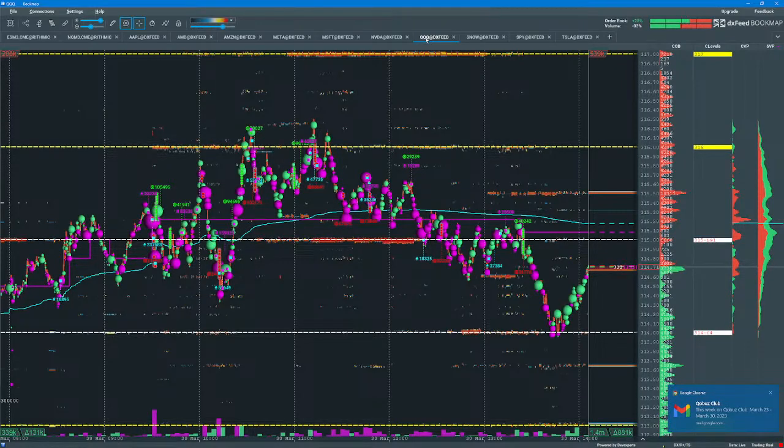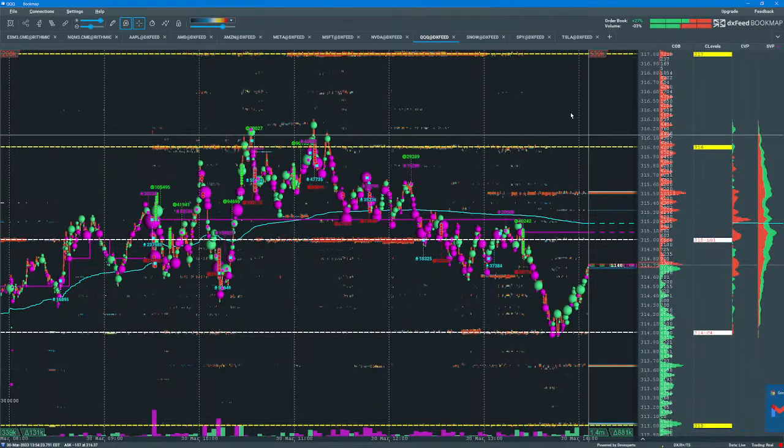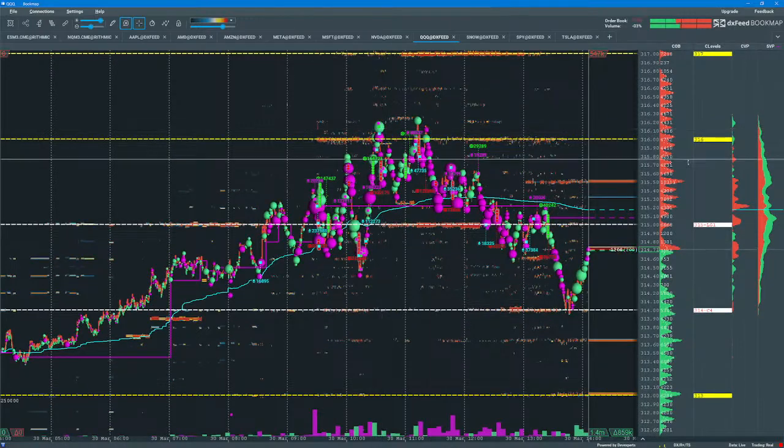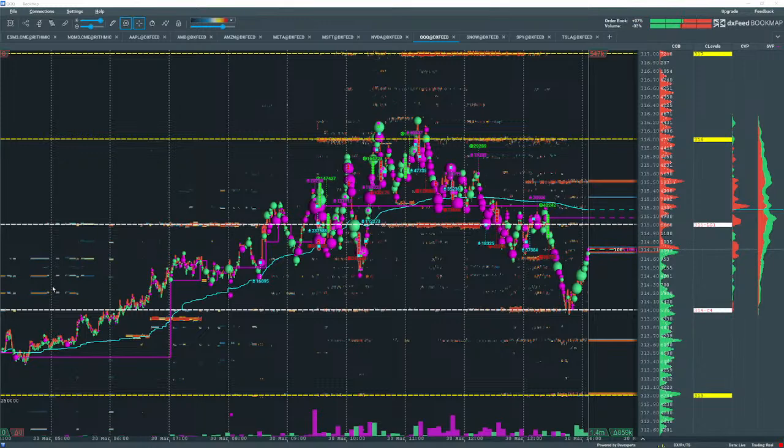So here's QQQ. Not really a lot of range today. It looks like just like the S&P 500, most of the move, the easy move, was before the RTH open. Nice steady uptrend up until about 10:30, or actually at the open.